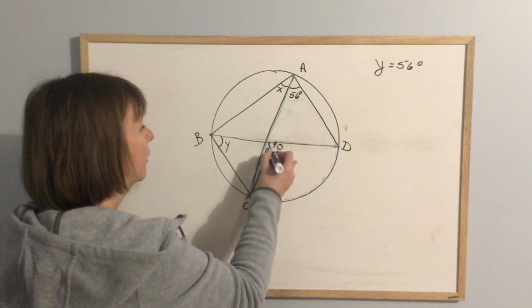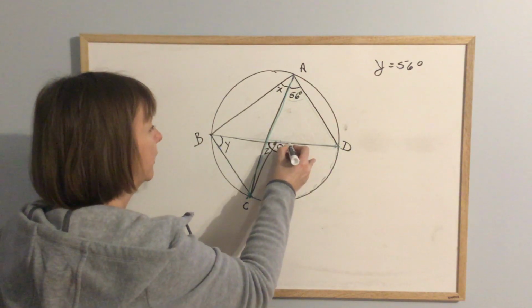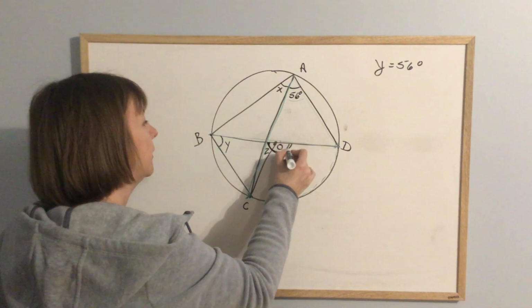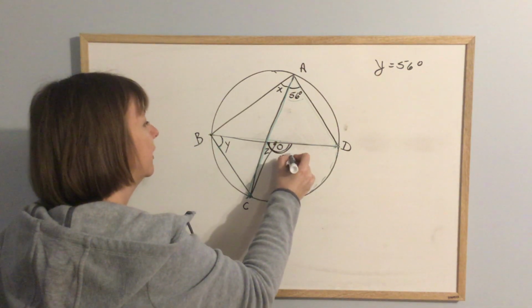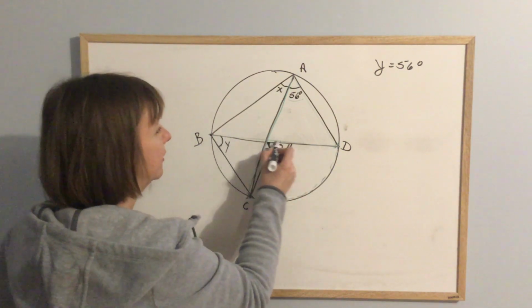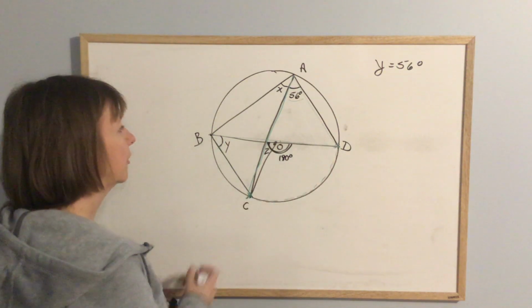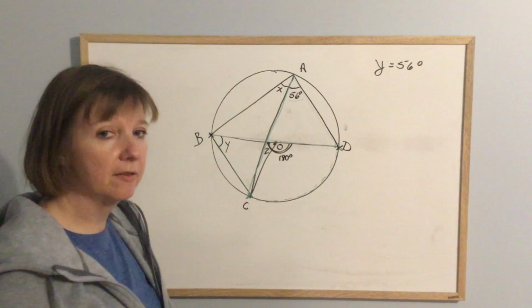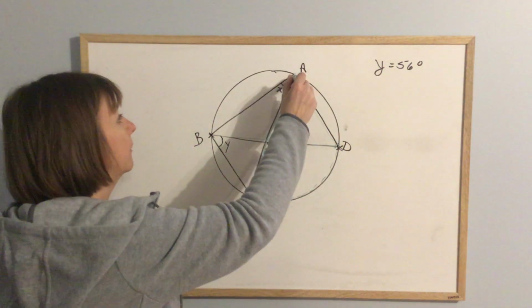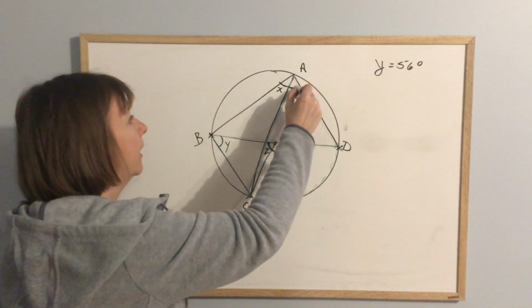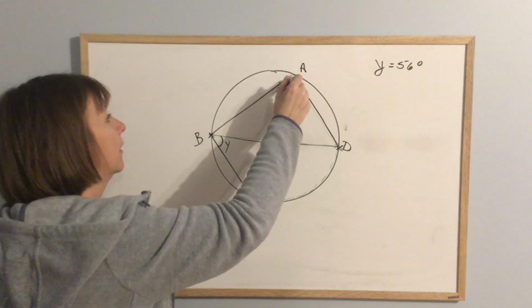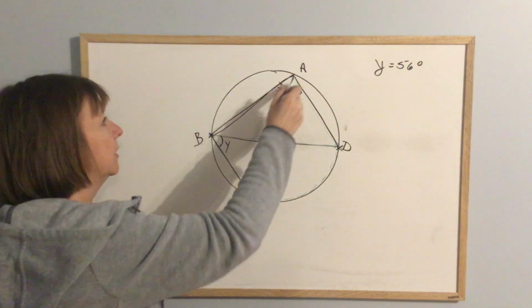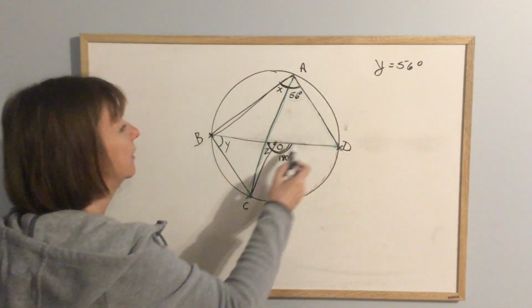Well, if we look here, not just at the Z, but at this whole thing, the whole piece right there, that's 180 degrees because this line is a diameter. It's going right through the center. So it starts at B and ends at D. If I look up here, this whole angle right here goes out to B and out to D.